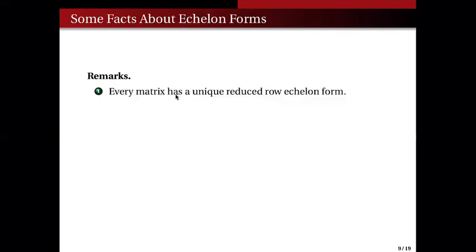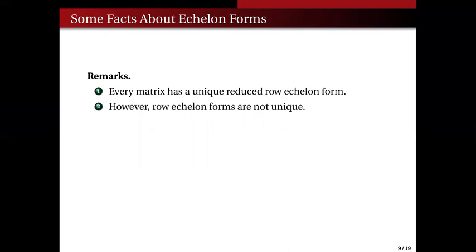Now, every matrix has a unique reduced row echelon form. There's only one reduced row echelon form for whatever matrix you have. On the other hand, row echelon forms are not unique. There can be many other row echelon forms depending on the elementary row operations you use.